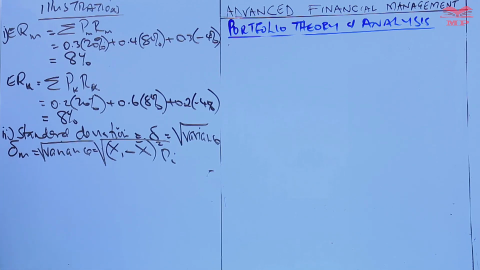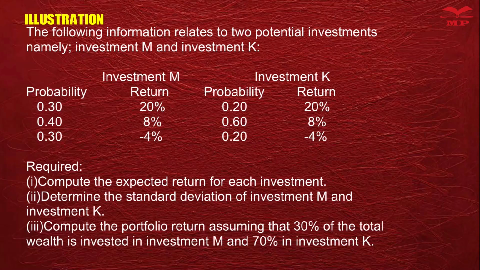Give me the question, please. So the actual values are given there. The returns expected are the values shown there: 20% for investment M, 8% for probability of 0.4, and 0.3 probability negative 4%.